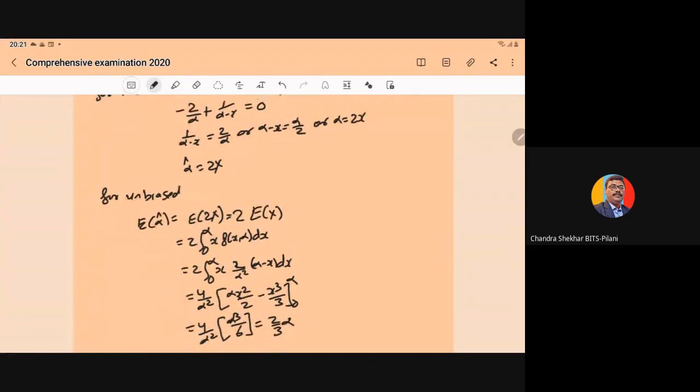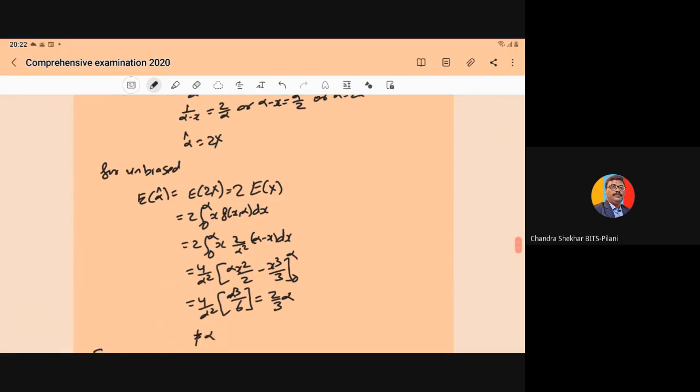And E of x is the integral 0 to alpha of x into f(x) dx. So just put the value of f. So 2 into integral 0 to alpha x into 2 upon alpha square into alpha minus x dx.